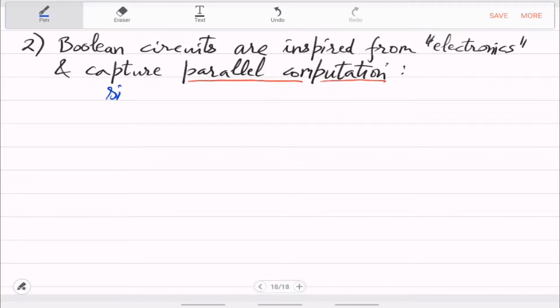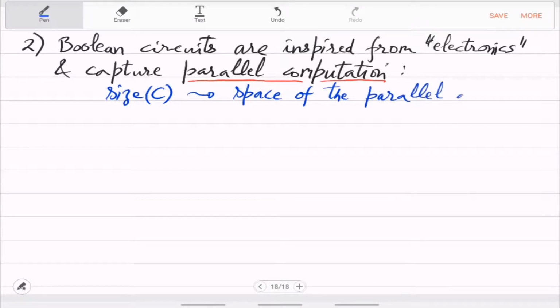So the size of the circuit, size of C, is related to the space of the parallel algorithm. And the depth of the circuit is related to the other resource, time.